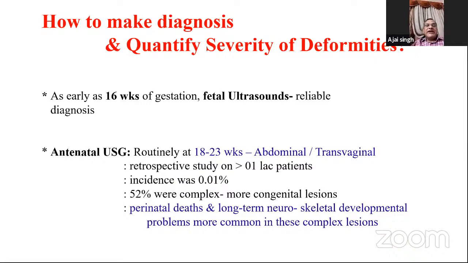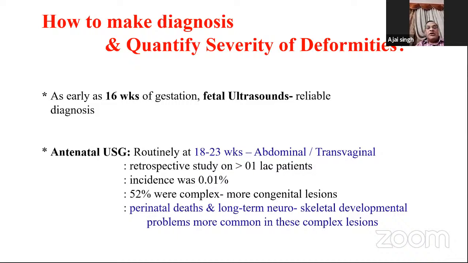Now, how to make the diagnosis and quantify the severity of the different deformities is a question. We can diagnose as early as 16 weeks of gestation through fetal ultrasound, which is a reliable diagnosis. Antenatal ultrasound, whether abdominal or transvaginal, is routinely done between 18 to 23 weeks, but can be done as early as 16 weeks.